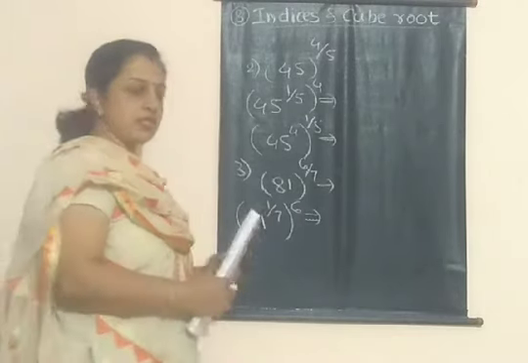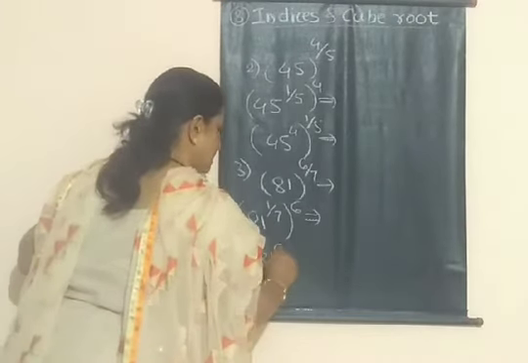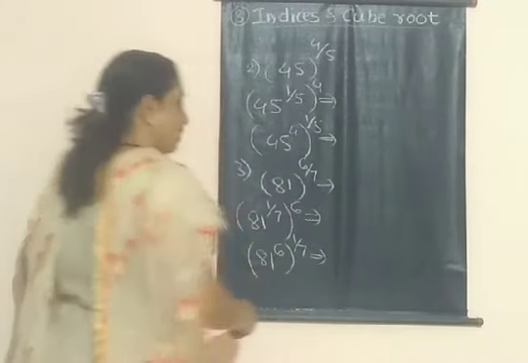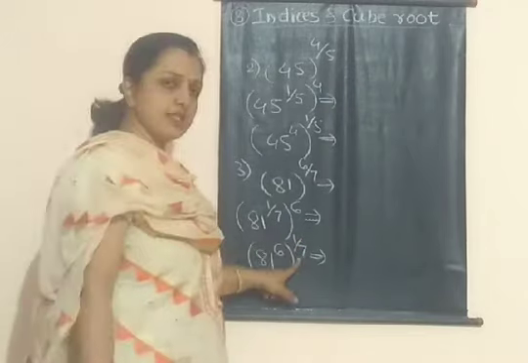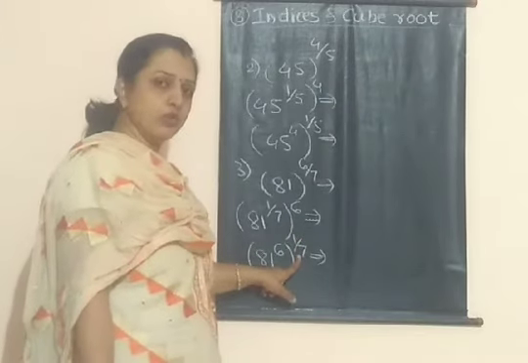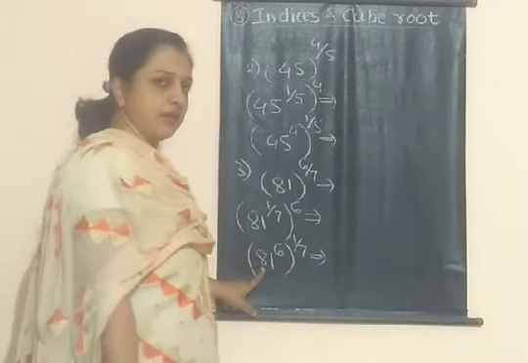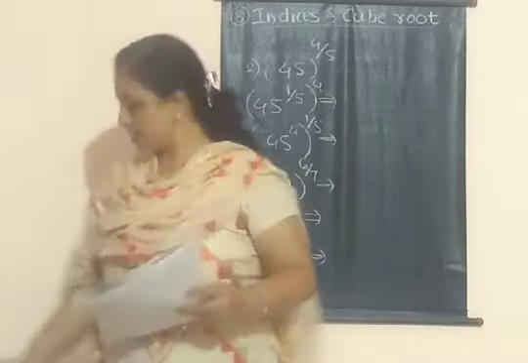Check whether it is correct or not. Then this number can also be written like this: 6 inside and 1/7 outside. Then you just have to change the sequence. So this is the 7th root of the 6th power of 81. In this manner you can solve the first question.